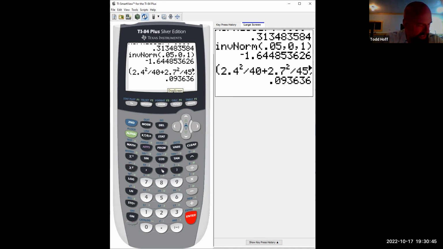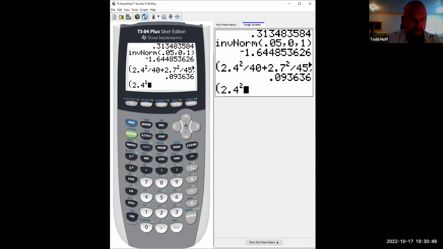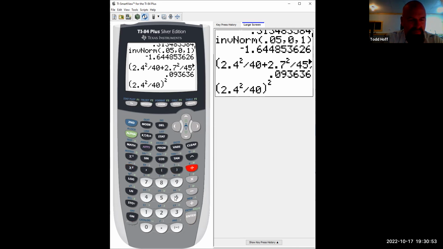On bottom, we have 2.4 squared divided by 40, squared, divided by 40 minus 1, I'm just going to type in 39, plus 2.7 squared divided by 45, close parentheses, squared, divided by 45 minus 1, which is just 44.